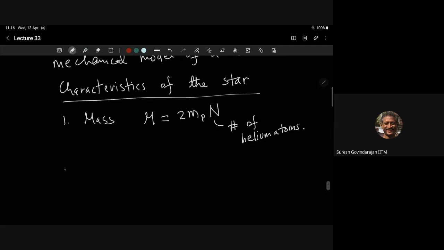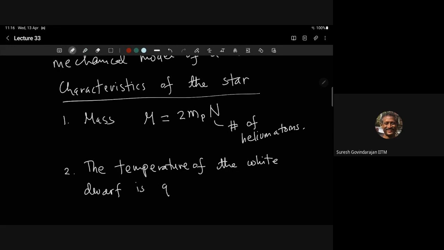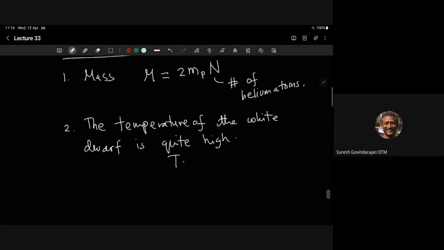Then the second thing is that the temperature of the white dwarfs, like most stars, is quite high. So T is around 10 power 7 K.